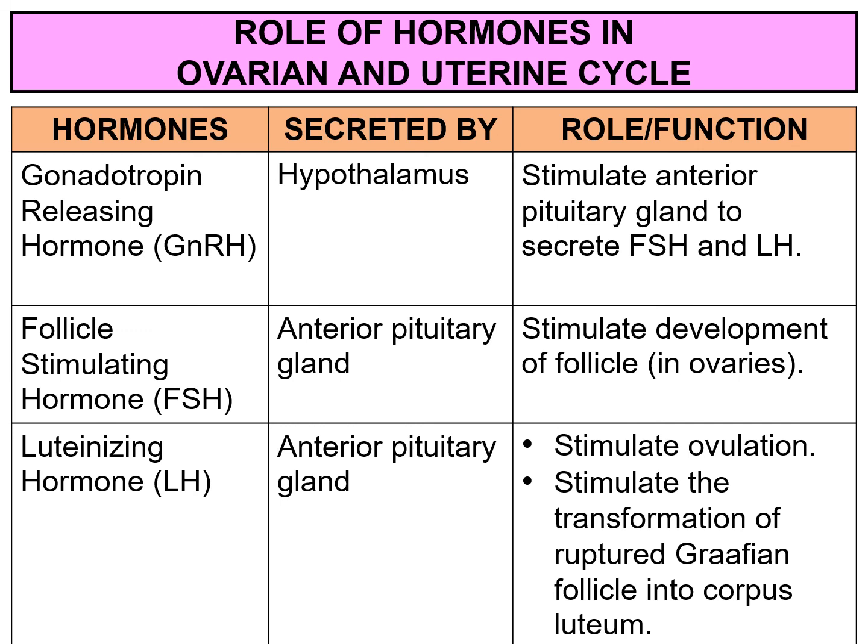LH stimulates ovulation, which is the release of the secondary oocyte. So at the same time, ataupun secara tak langsung, LH stimulates the transformation of the Graafian follicle into the corpus luteum. Dia transform daripada Graafian follicle, sebab dia dah hilang secondary oocyte, the structure is known as corpus luteum.